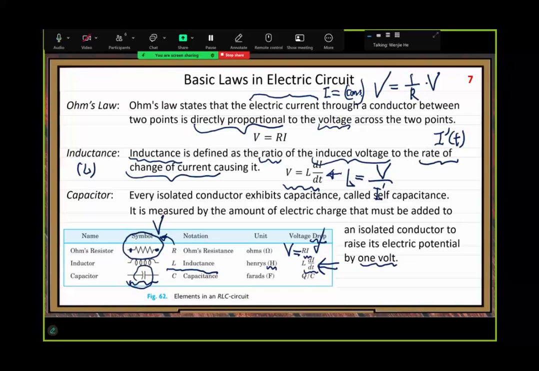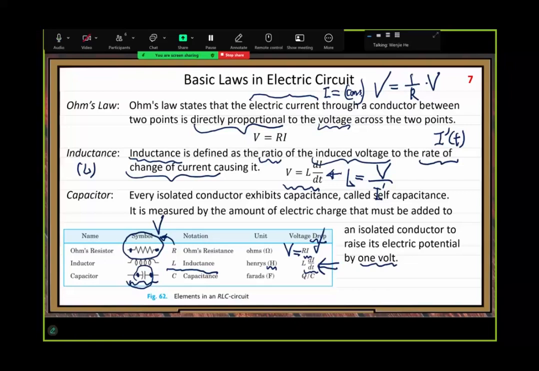The voltage between these 2 points, because these 2 points have different electric potentials. The potential difference, that's the voltage. When you add more electric charge to this capacitor, the voltage will be higher.